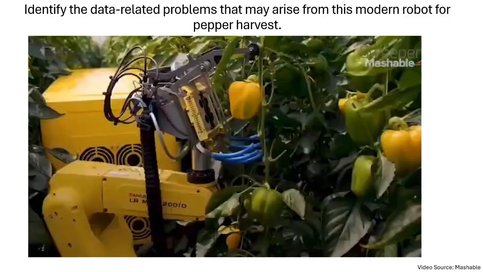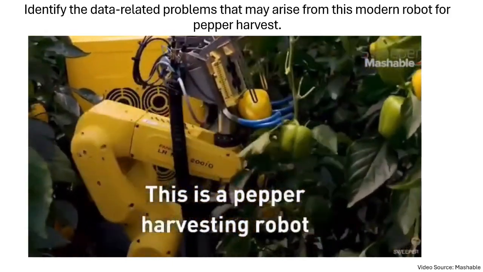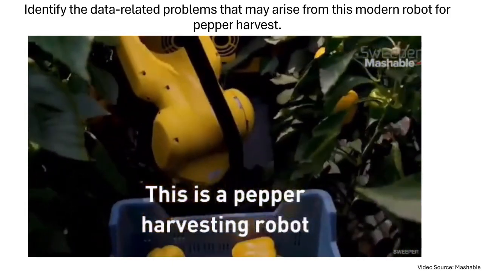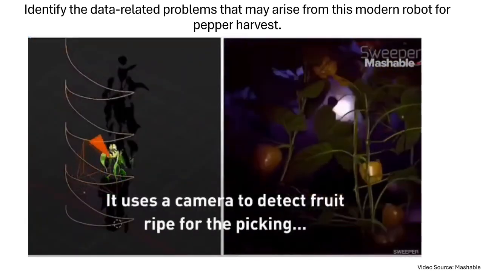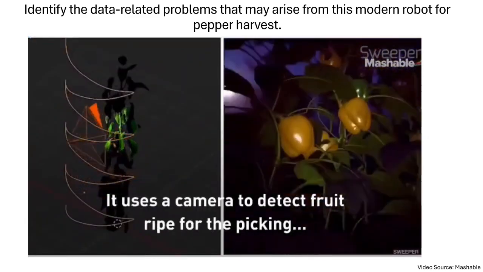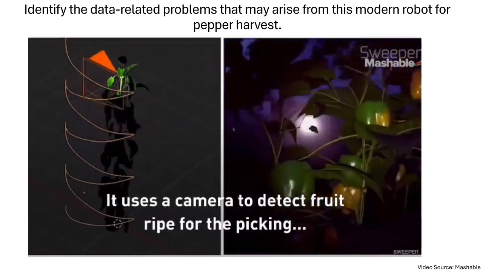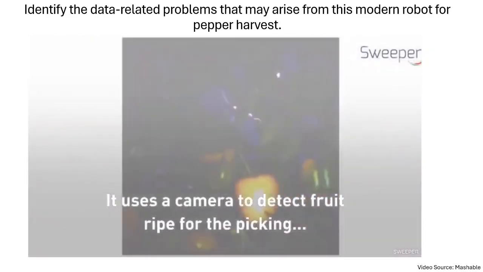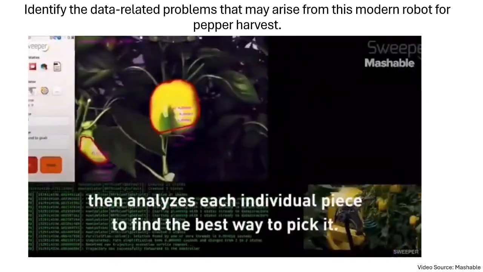As we are seeing huge growth in modern technologies and robotics, think of this particular video, how robots are used for pepper harvesting. Think of what kind of data related problems may arise when we use this modern technology. You can see here that these robots scan the fruits and check whether they are ripe for picking or not.